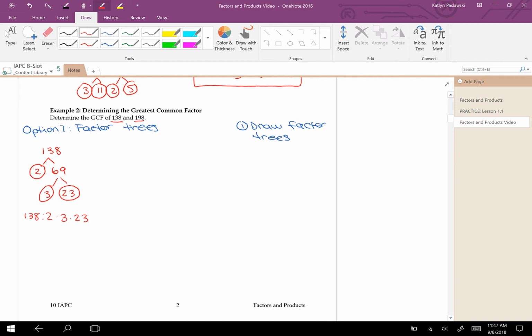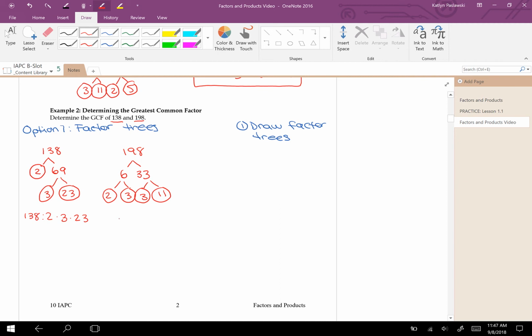Okay, I'm going to stop there, and I'm going to do the factor tree for 198. That can be multiplied with 6 and 33. Neither of those are prime numbers, so I'm going to keep breaking down. 2 and 3, both are prime numbers. 3 and 11, and circle the prime numbers.